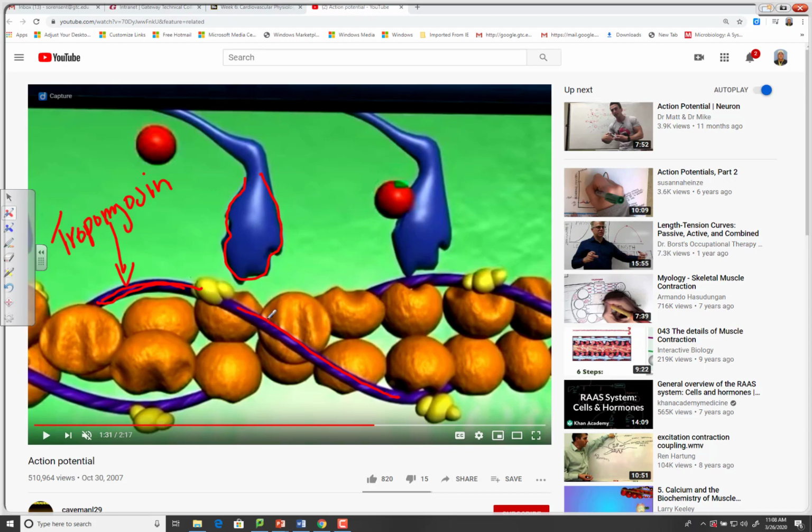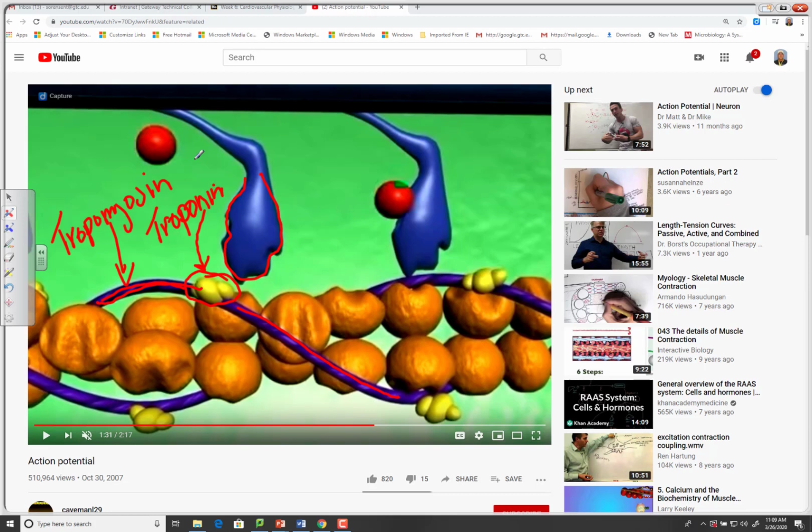As long as this tropomyosin molecule is blocking the binding site on actin for that myosin head, that muscle won't contract. So sitting on the tropomyosin, what appears to be partially chewed banana Bubblicious bubblegum is a group of proteins called the troponin complex.